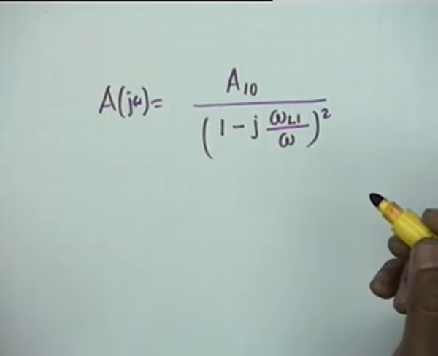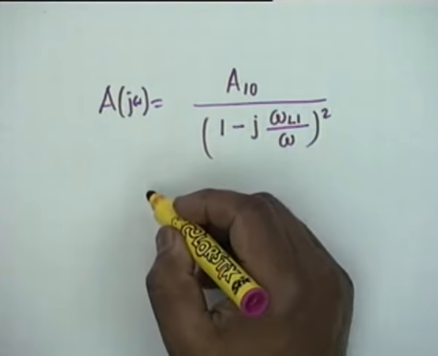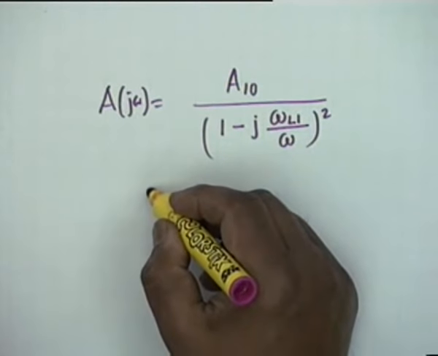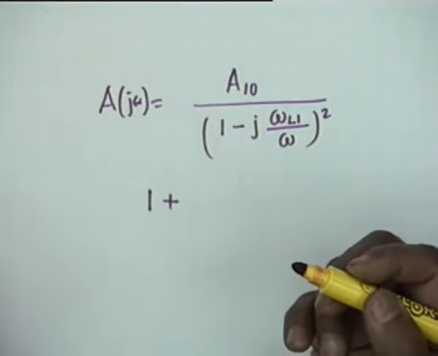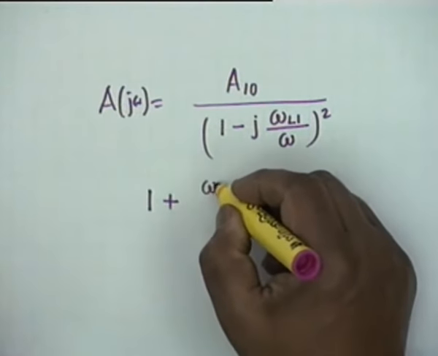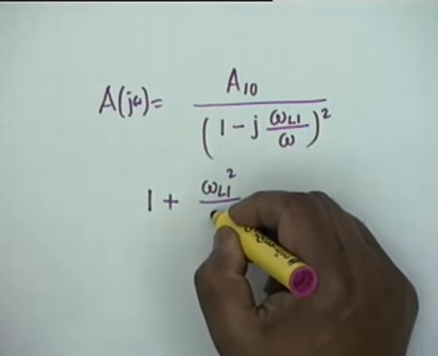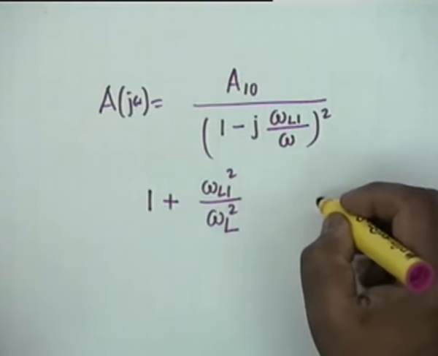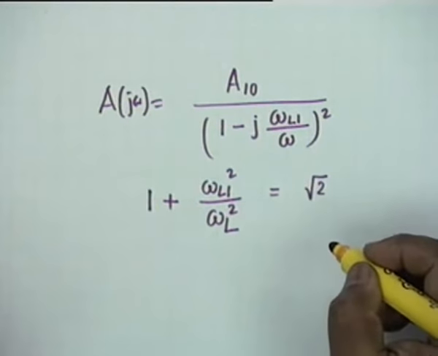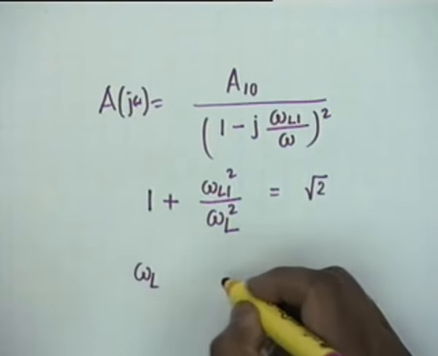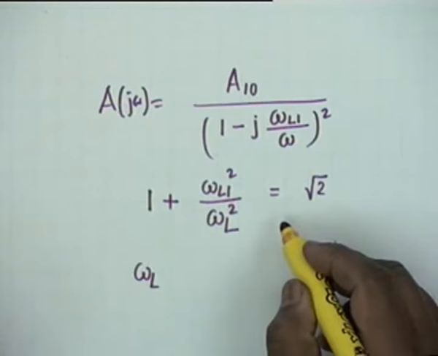This is at the low frequency end. And you can see that the equation describing the 3 dB frequency, the low frequency 3 dB cutoff, would be 1 plus omega L1 squared divided by omega L squared, and this should be equal to root 2.